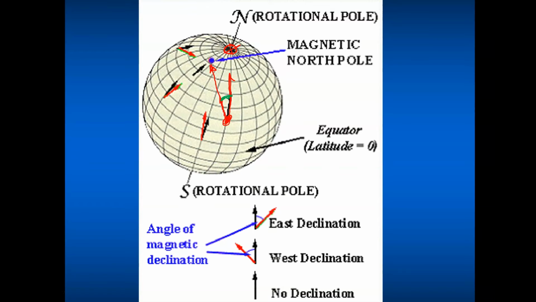But it depends on where you are. If you're there, that's your true and that's your magnetic. There's also a difference, but not as much as before. So the difference between true north and magnetic north at any particular point on the Earth depends on where you are.